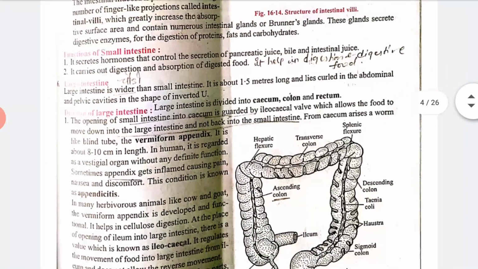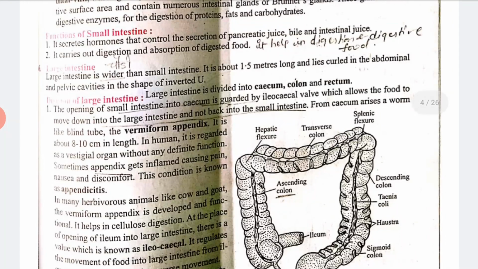Now next we have the function of the large intestine. First of all, the large intestine is wider than the small intestine. It is about 1.5 meters long and lies coiled in the abdominal and pelvic cavities in the shape of an inverted U. Clear?